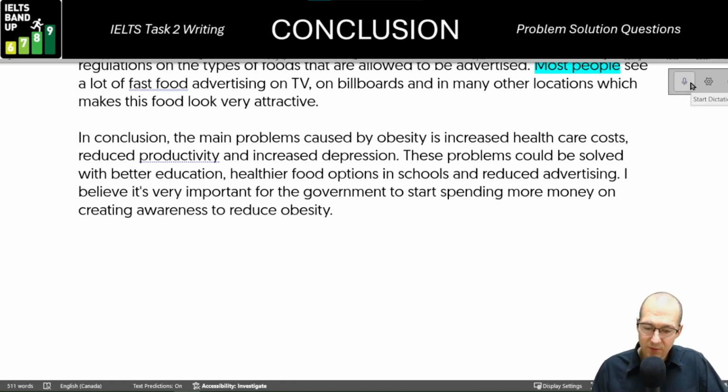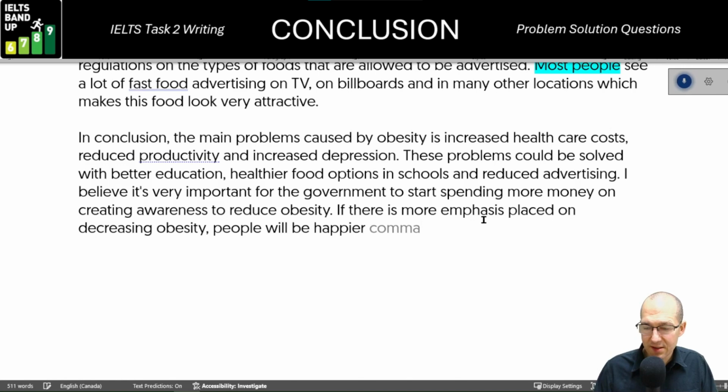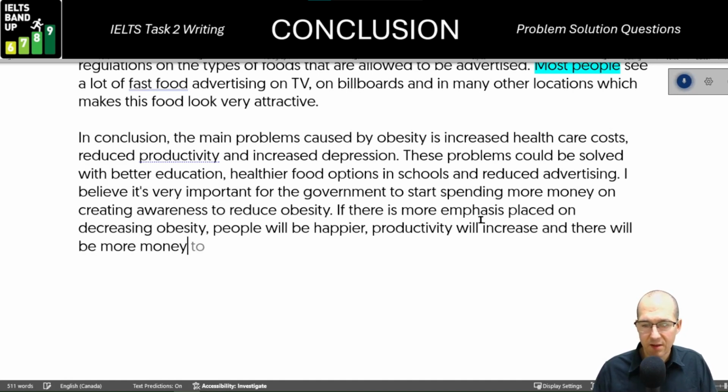And then, we could do a prediction. If there is more emphasis placed on decreasing obesity, people will be happier, productivity will increase, and there will be more money to spend on other areas of society.